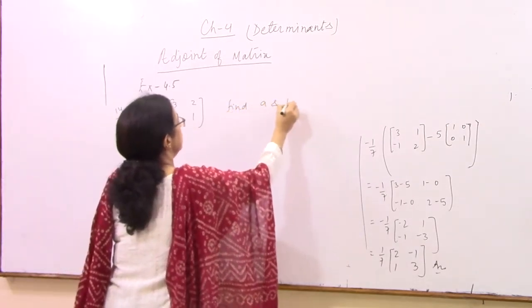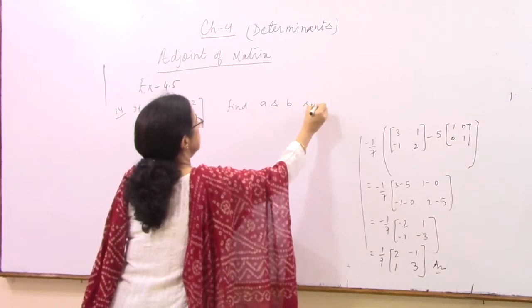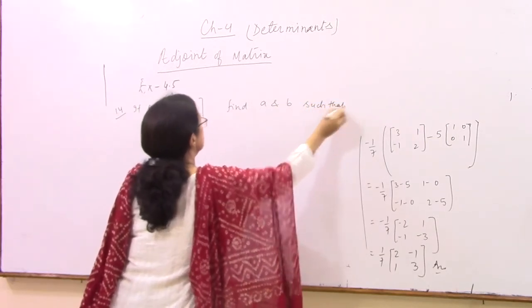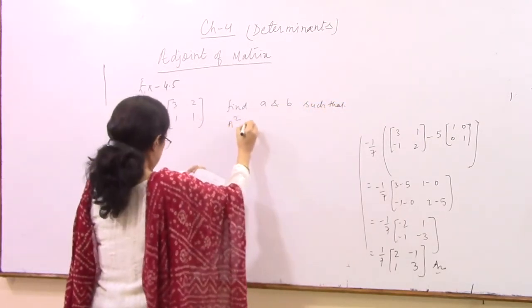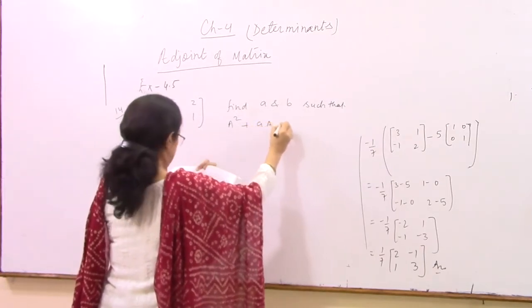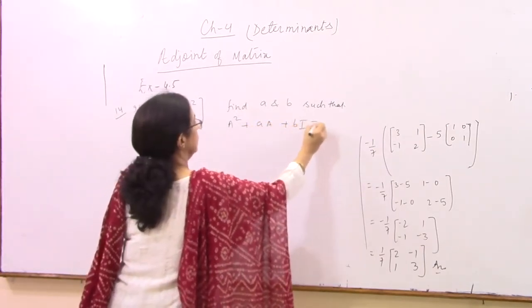Find a and b such that A square plus aA plus bI equal to null matrix.